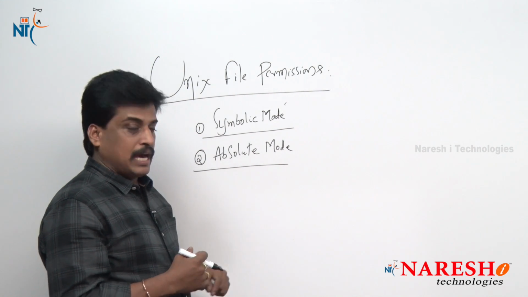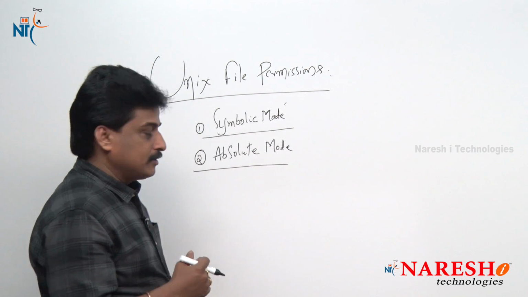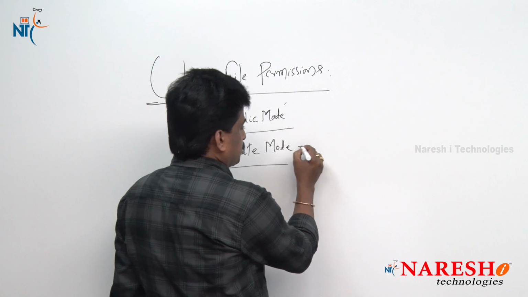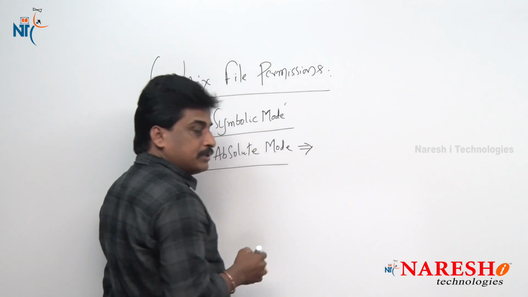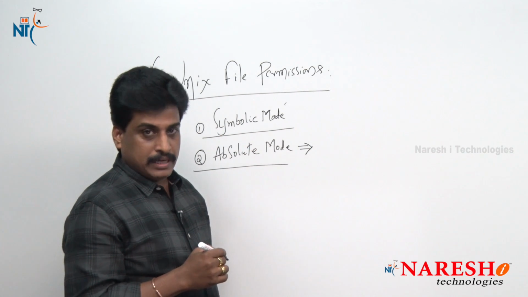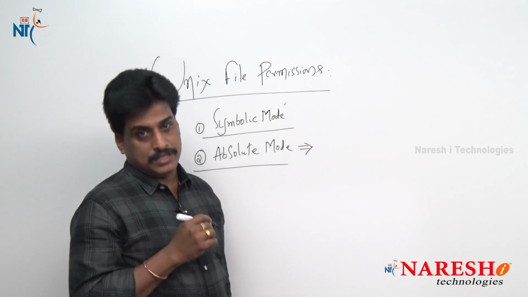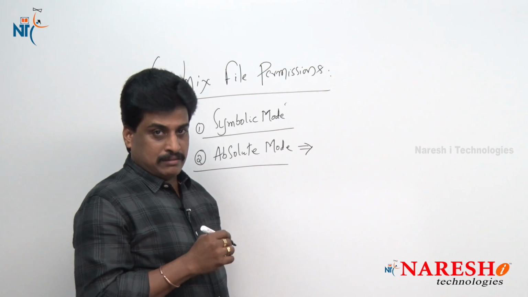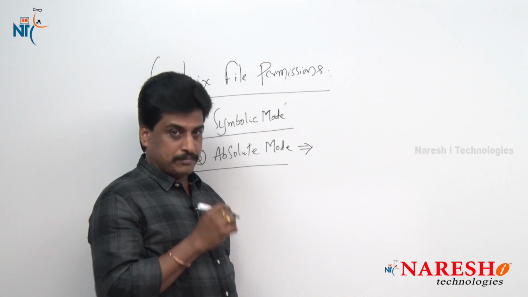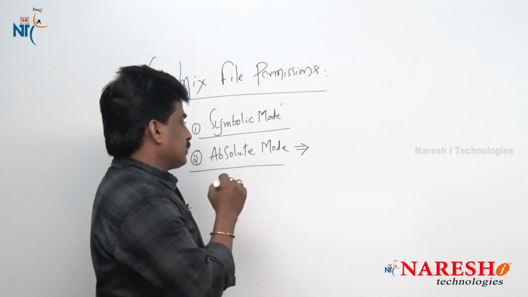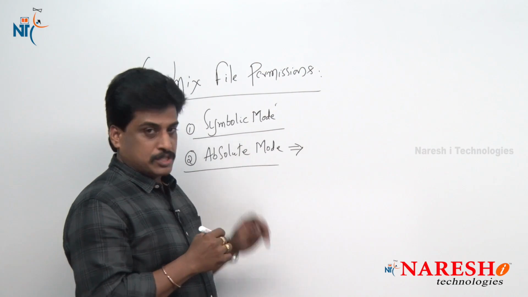Now we can see absolute mode in detail. The absolute mode principle is the octal number system principle, which follows the numbers 0 to 7. These numbers indicate file permissions. First we will see the absolute mode principle.